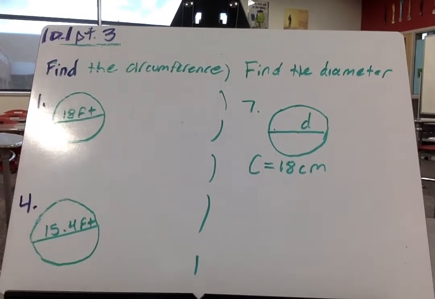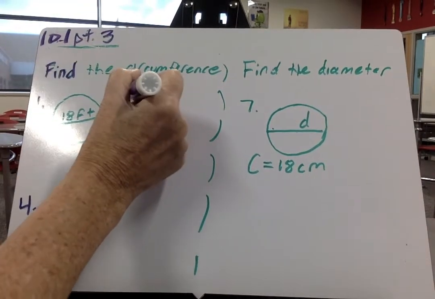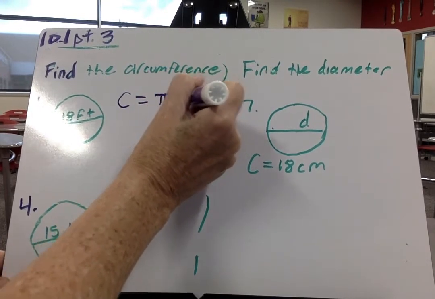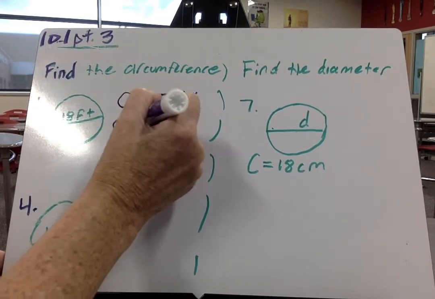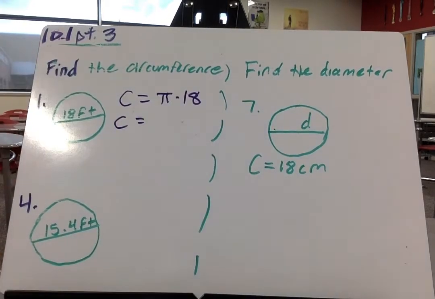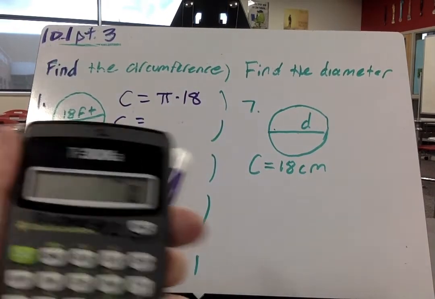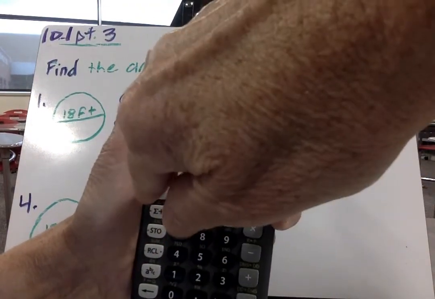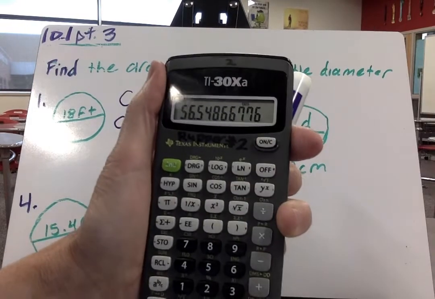Okay, so we're going to find the circumference. On number 1, we see that the diameter is 18 feet. So I'm going to put circumference equals pi times 18. Circumference equals, and I'm going to use my handy dandy calculator. I'm going to go 18 times, and then I'm going to push the pi button, equals.